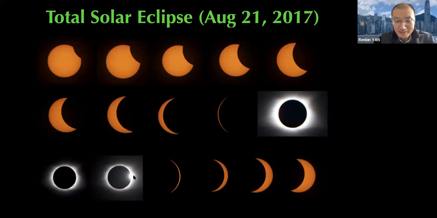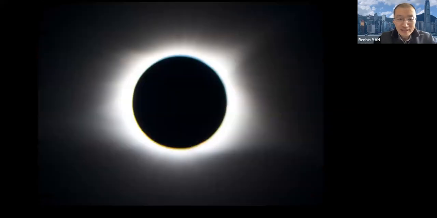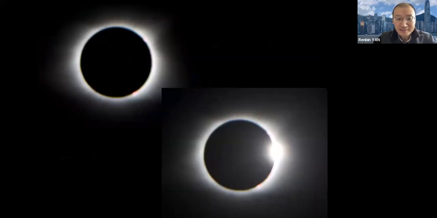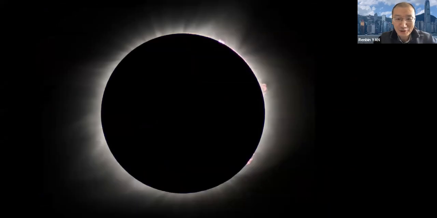So these are beautiful pictures. Now, some more pictures. My pictures are kind of out of focus because of the temperature change in the telescope. Here is a better picture showing that total solar eclipse event.